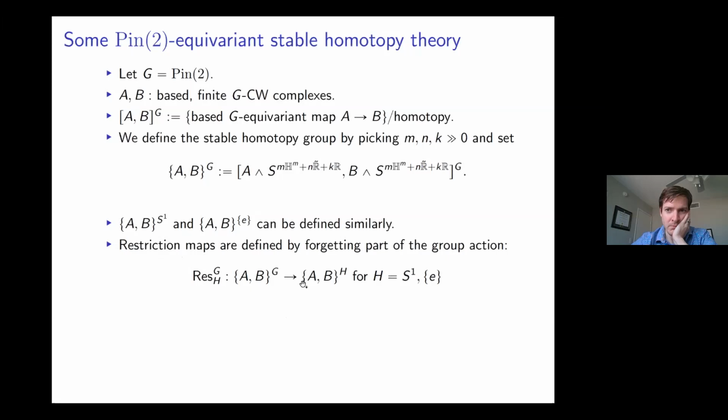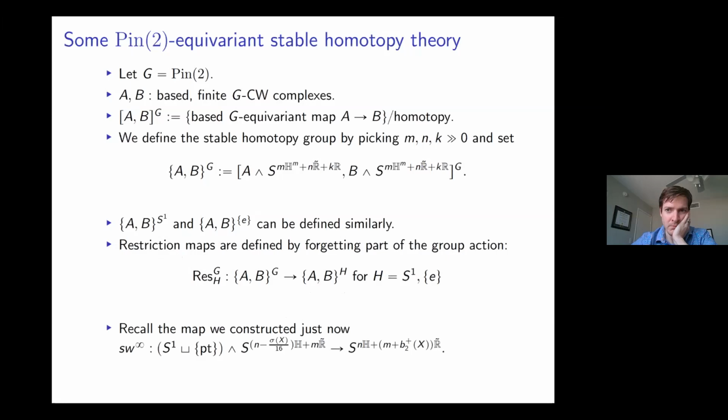There is actually another way that goes from a smaller group to a larger group. That's called the transfer map. But let me not talk about that. The transfer map is used in the proof, but let me just ignore that part here.